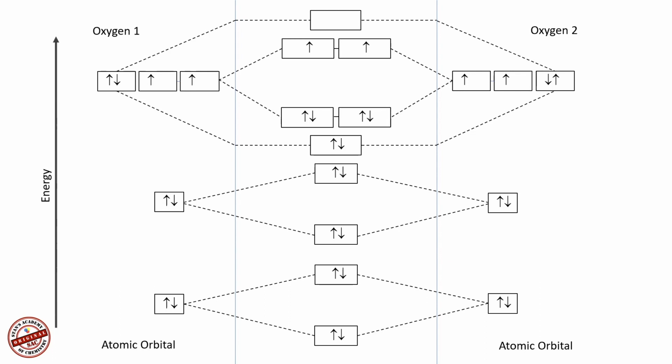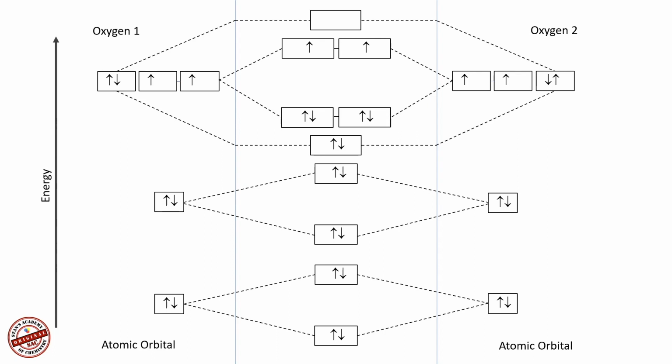So oxygen atom number 1 has 4 electrons, oxygen atom number 2 has 4 electrons, and first the sigma bond is formed, or the axial overlap takes place, which means the px and px will undergo overlapping to form sigma 2px. So 2 electrons will go into the sigma 2px.